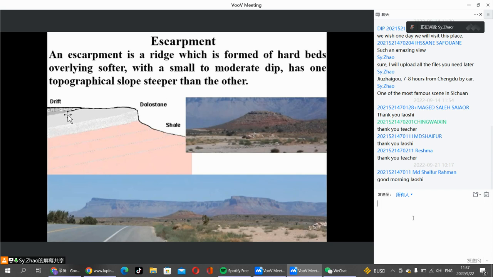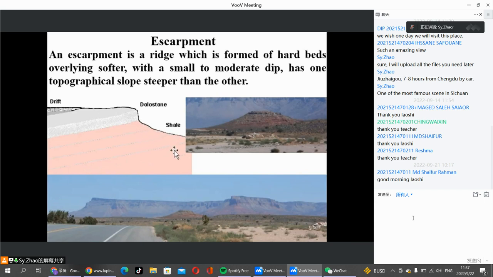For example, the dolostone is much harder than the shale, and if any surface erosion happens, the dolostone is hard, which is more stable to maintain the shape of this cliff, but the shale is softer.